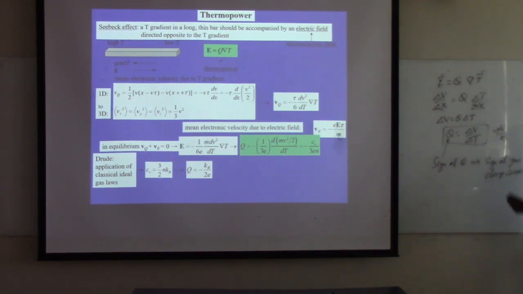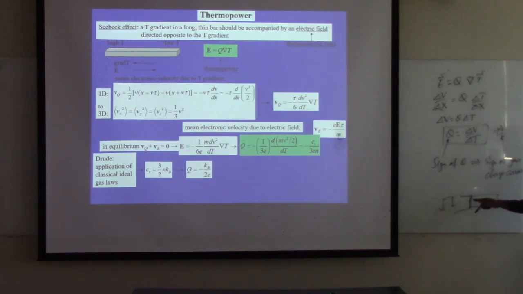So this is a very straightforward way, because remember, if you want to measure the Hall voltage, you have to apply a magnetic field, right? But this is much easier. You only have to make one end colder than the other end and just measure the voltage. It's very simple. In our setup, we have a simple heater attached to one end of the sample, and we just give a heat pulse.